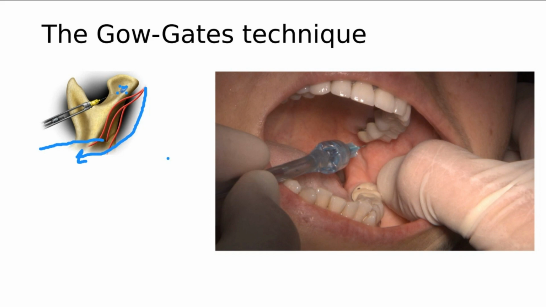Sometimes it even comes from, let me just do it a little bit like this. For whatever reason, you see a branch coming from the buccal nerve and going to the teeth, or even from the lingual nerve. These are called accessories.